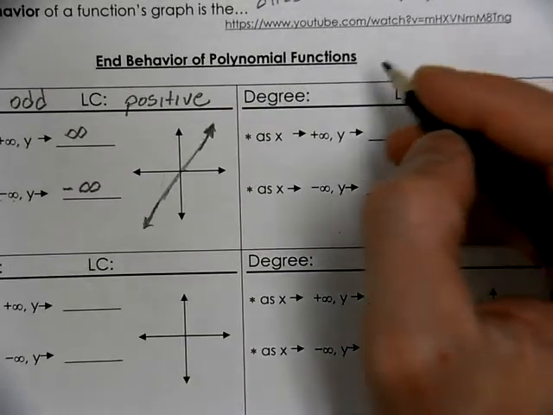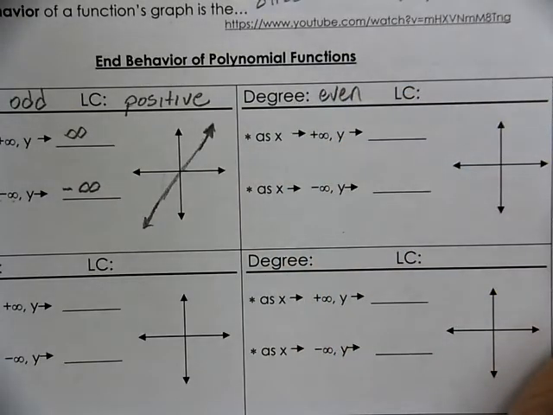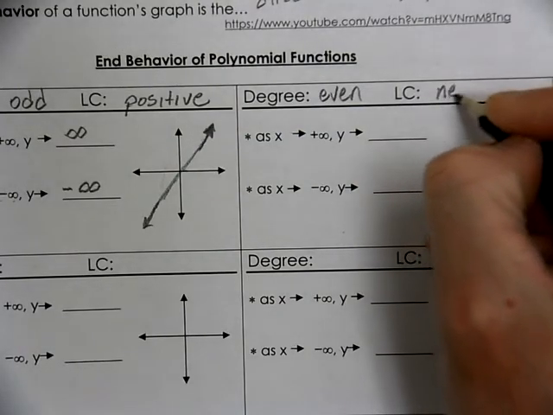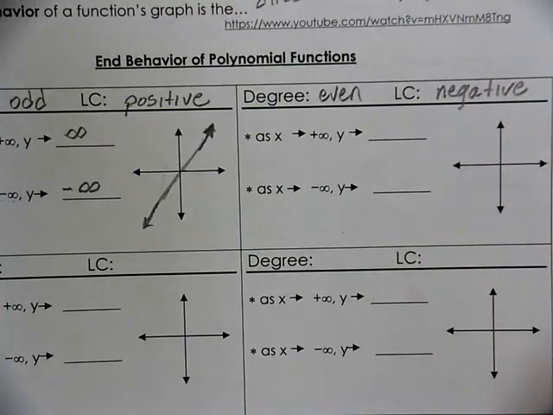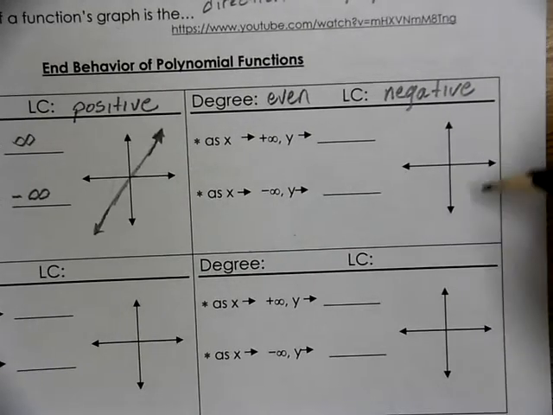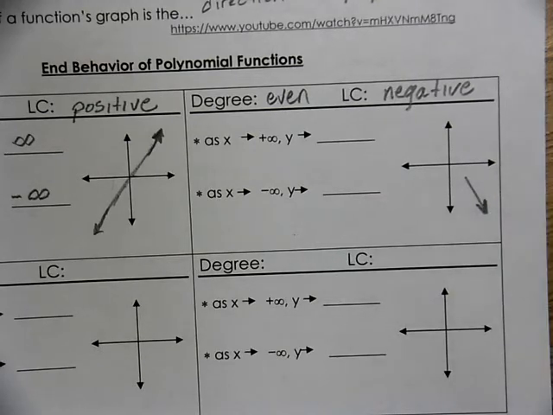Let's look at when you have an even degree. You have an even degree, but a negative leading coefficient. If you have a negative leading coefficient, you're going to be falling to the right, no matter what.